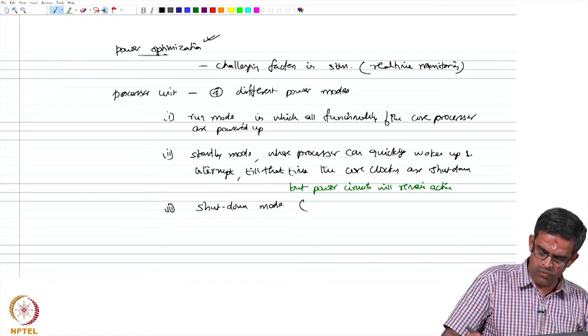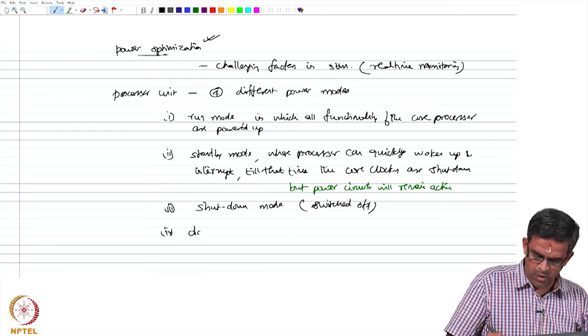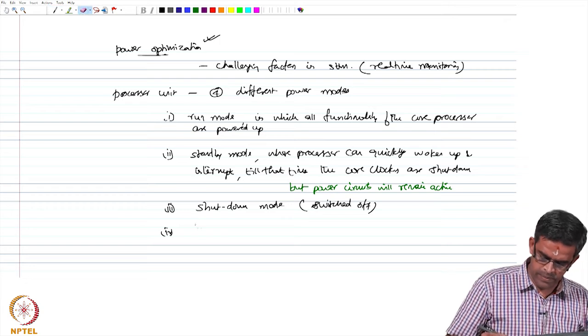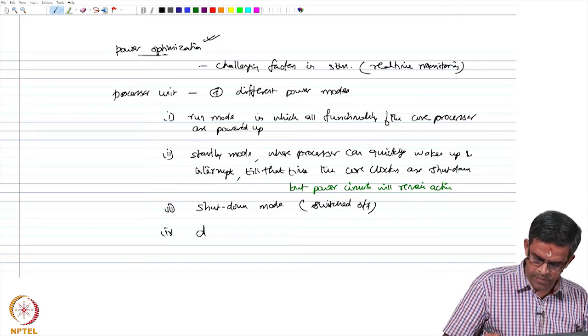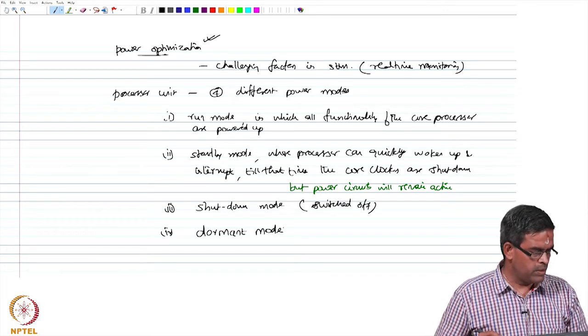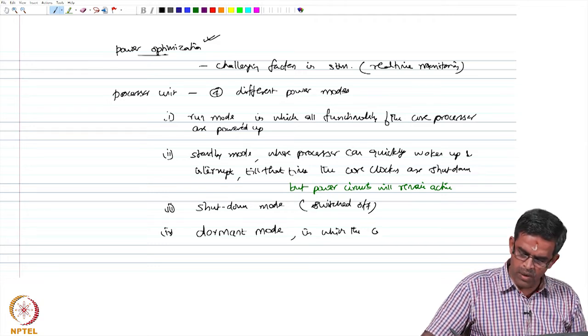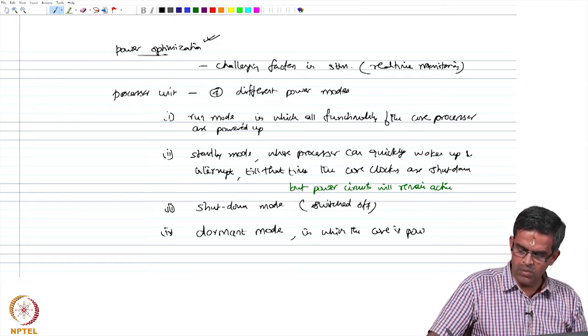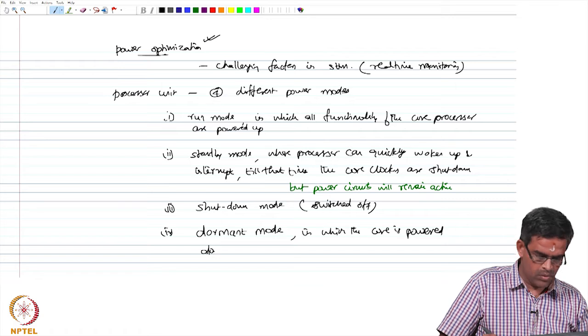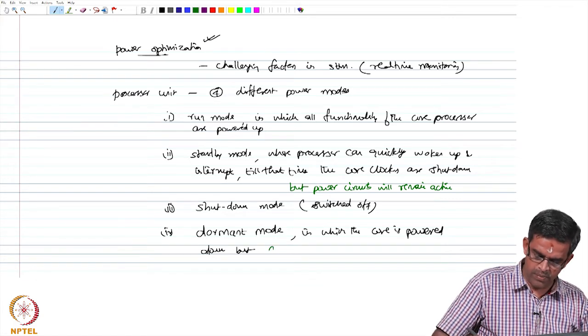The power is switched off, and the fourth mode is called dormant mode, in which the core is powered down but the cache memory is on.